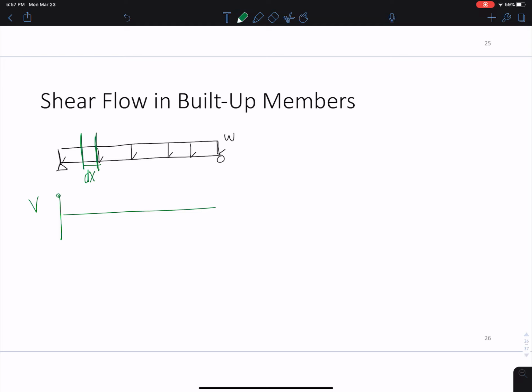Before we do that, we can draw our shear and moment. We know our shear and moment is going to look something like this. This is going to be WL over 2, and this here is going to be WL squared over 8.